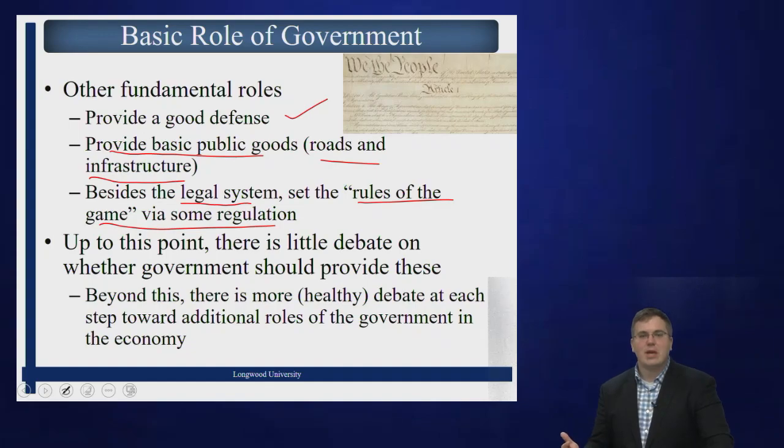In some cases, the government can say, okay, you can do this and you can do that, and they define the rules of the game. Once they're well defined, then people can play the game. That's part of what the government does, and part of what the Constitution allows the government to do to a certain extent.